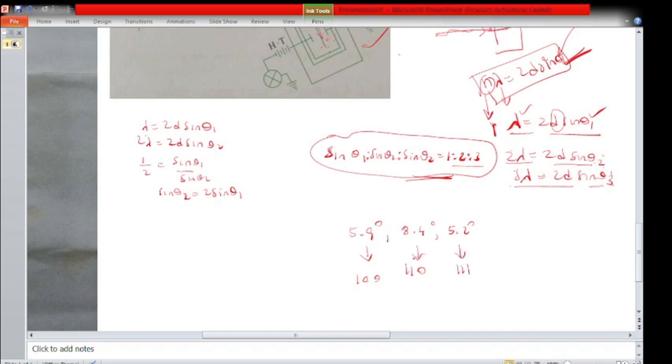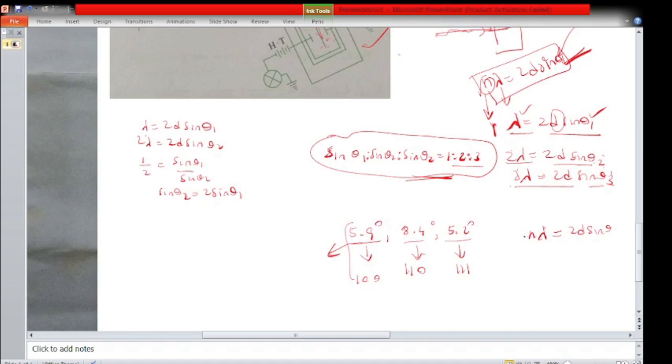These planes will produce maxima at these angles, 5.9 degrees, 8.4 degrees, and 5.2 degrees. So we can have the condition lambda equals 2d sine theta for this case. This one is the first order maxima. So these are the first order maxima for different planes.